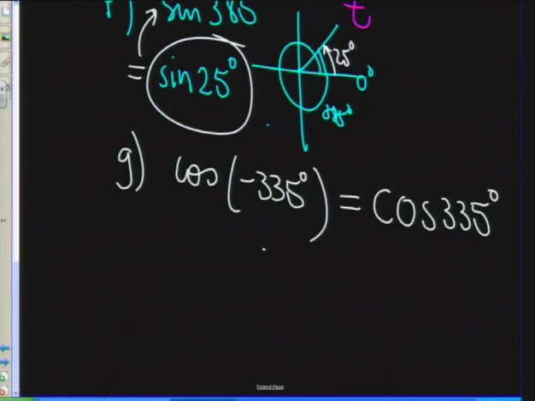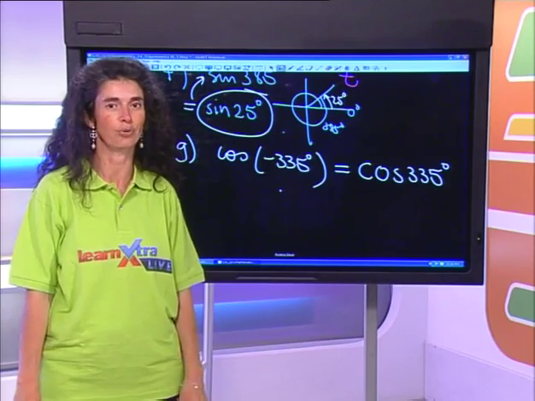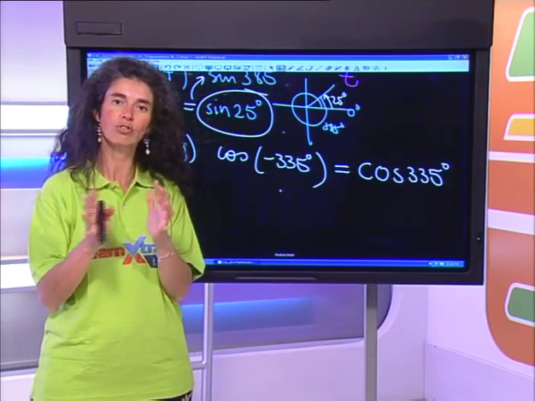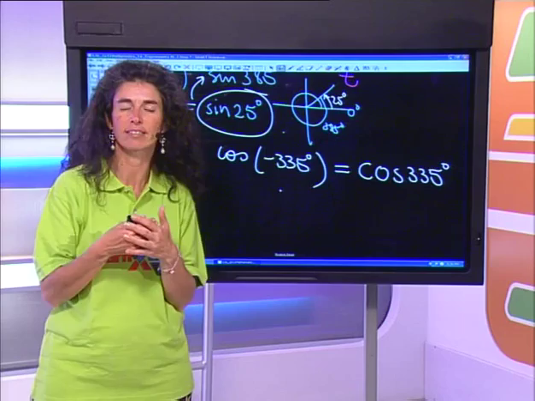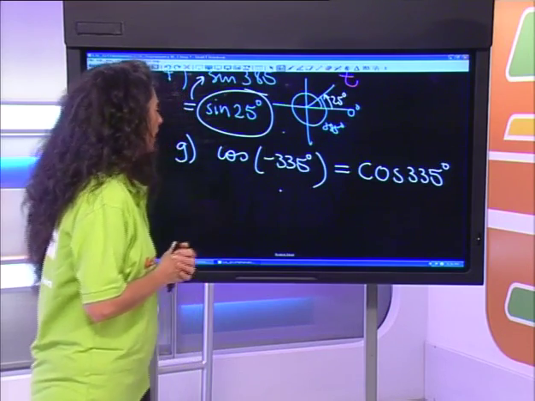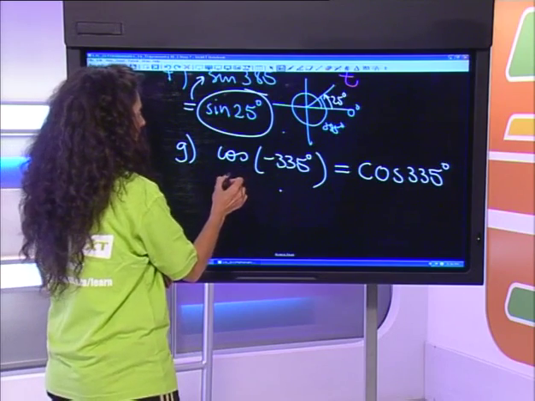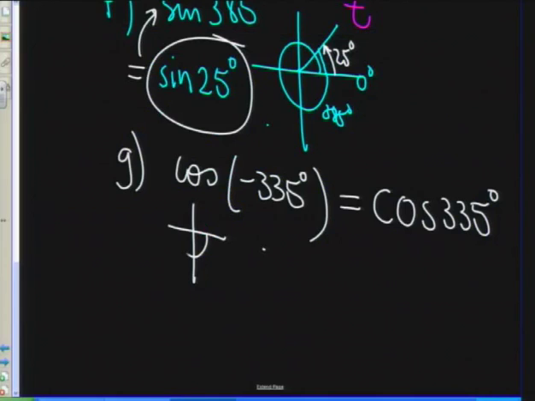Once I've reduced that to a terminal ray that I can work with, I then reduce as I know from scratch. So I'm always trying to rewrite those angles into a form that I'm going to be able to work with. Another way of looking at this angle is to say, if it's negative 335, I'm going to rotate in the opposite direction. So I'm rotating all the way there. So that's my negative 335.